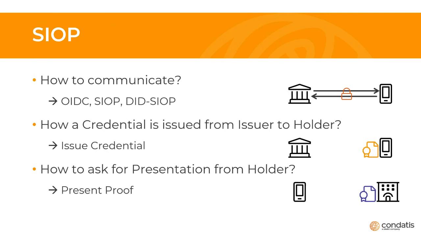SIOP's just the same as any other OIDC flow. There's just a few new parameters and claims involved, like the new request parameter where a JWT token can be added when issuing credentials or when requesting proofs. This JWT describes what's needed to satisfy the request.